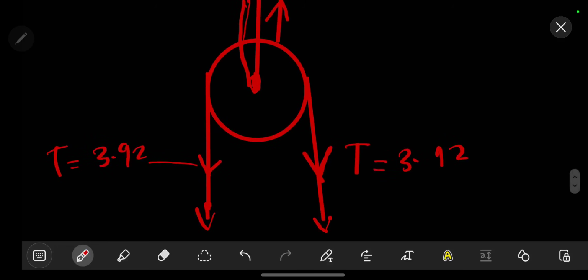So remember, this system is stationary, not moving up or down. It means to say the upward force must be equal to the downward force.